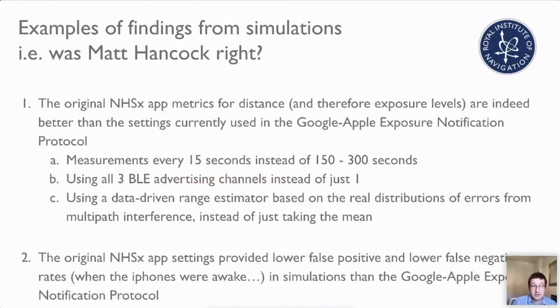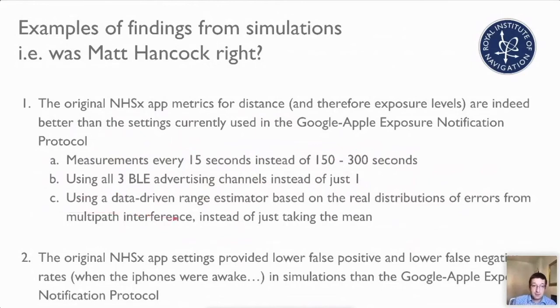They probably do this to try to save battery life, but it means they're more subject to multipath fades than using all 3 channels. In other words, you're more likely to be close to somebody with the Google Apple Exposure Notification and being told that you're really far away because you're in a multipath fade. And if you were hopping between all 3 channels, you'd hop out of that fade and you would detect a more realistic value for signal strength.